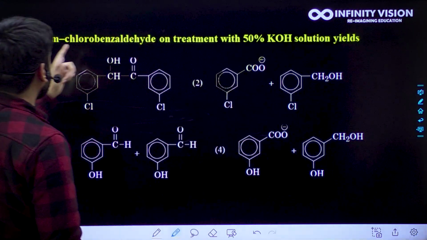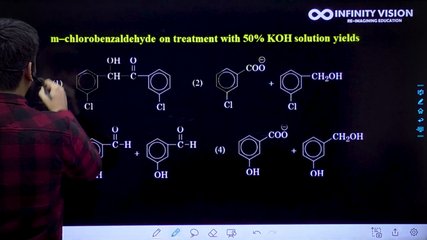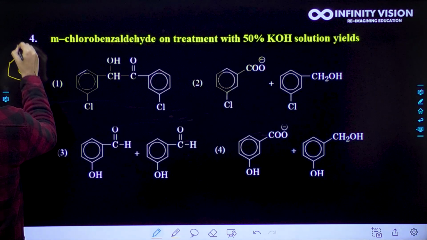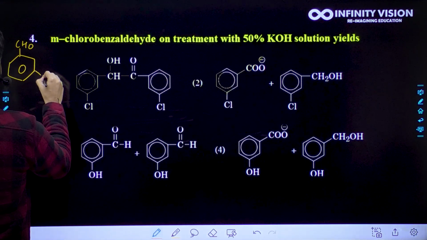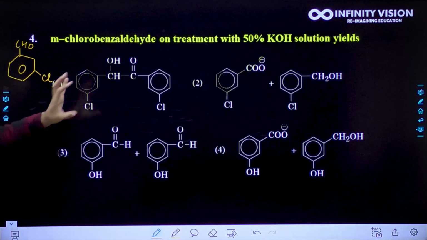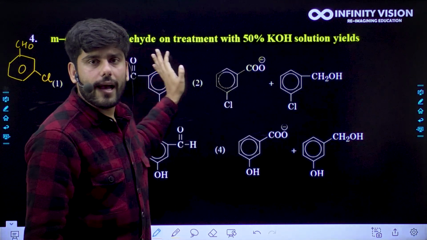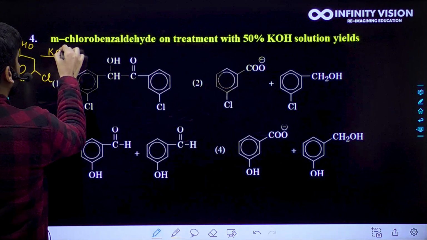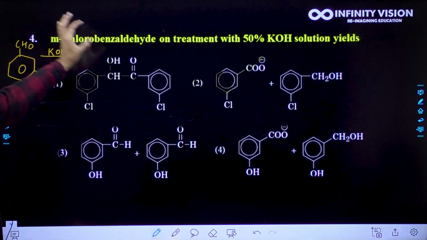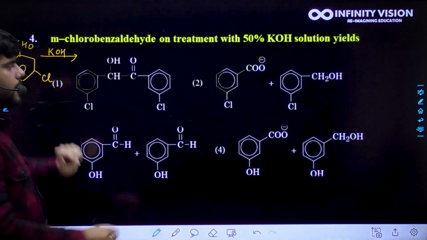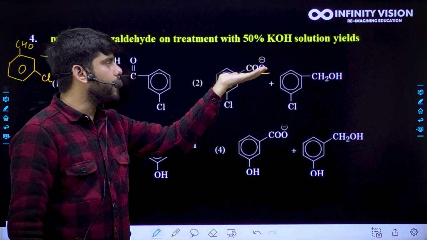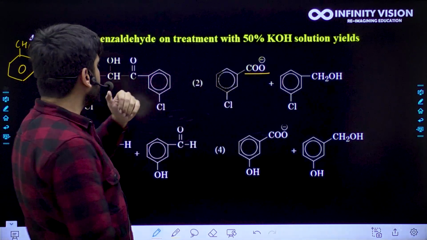So basically we have the metachlorobenzaldehyde. Now if we have the benzaldehyde, we know that there is no alpha H, right? So in the presence of a strong base, one of the molecules gets oxidized to the corresponding acid part, that is COO minus. Now, since this is in the presence of a base, obviously we get the carboxylate anion, right?